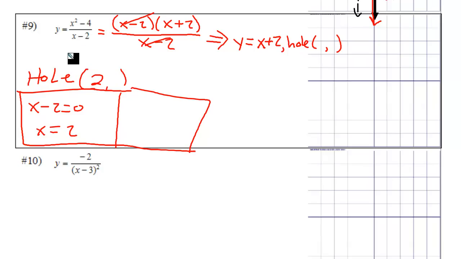When you first look at this equation, it looks like it's going to be some weird graph. Turns out it's not. It's simply a line with a hole in it. To find the y value of this hole, take what's left, which is x plus 2, and put the x value that you have here in for x. So you put 2 in for x.